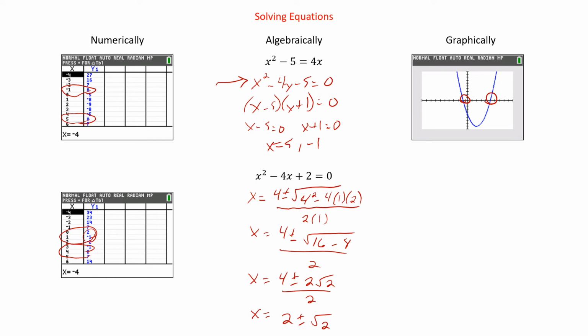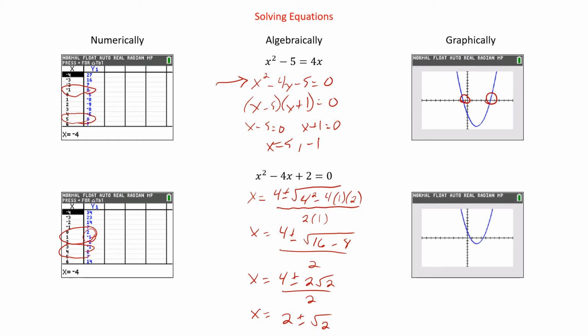Now we could zoom in on the table, like make it so that the x values go up by smaller increments, but we will still never see 0 in the y column. And so we're never going to find that exact answer using the table. And then with the graph, it crosses two places that it's impossible to see.